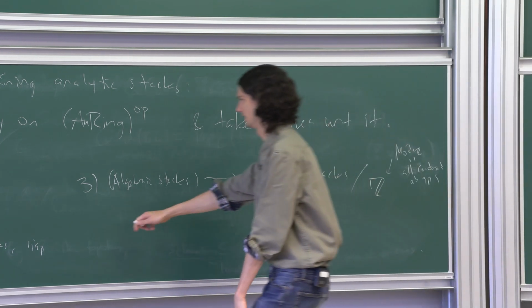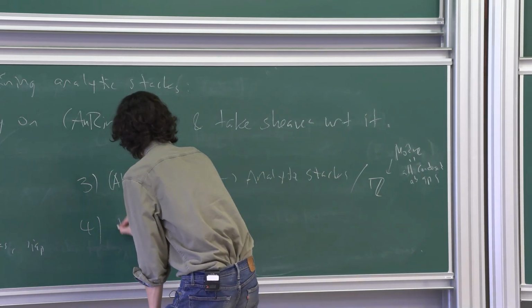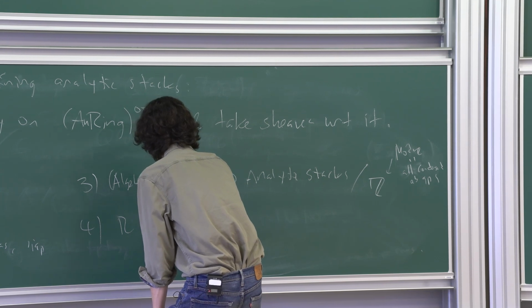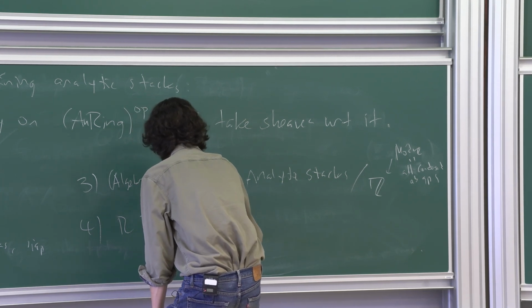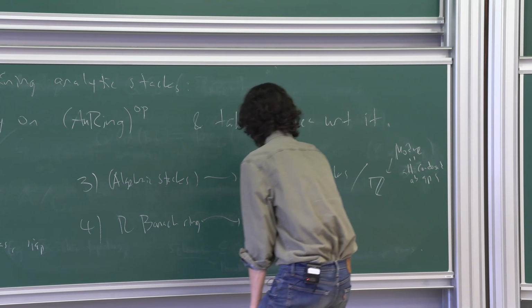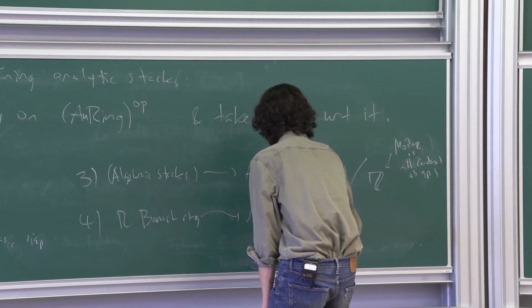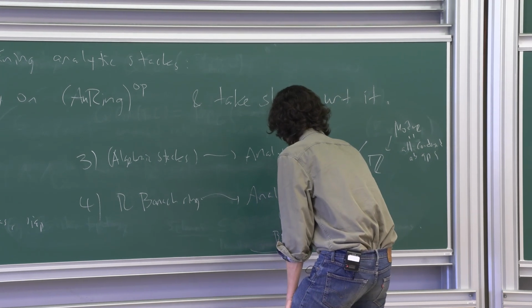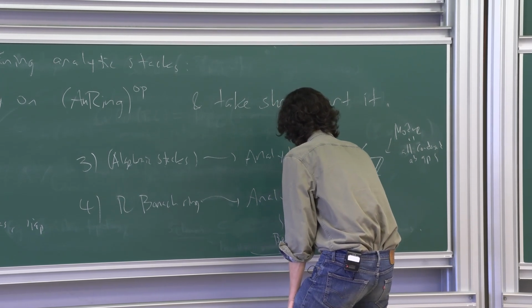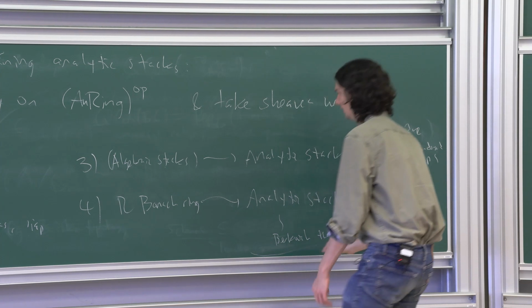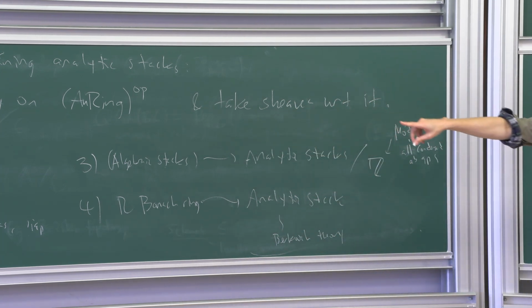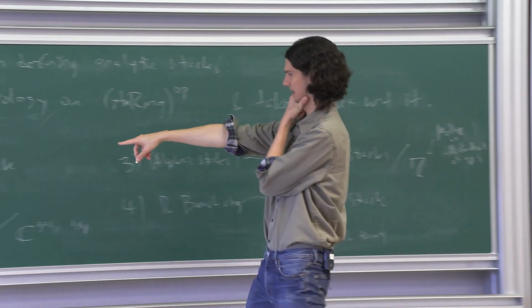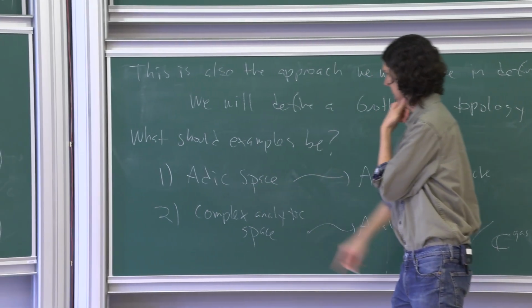Well, we would also like our Banach ring to definitely give rise to an analytic stack, which matches, in some sense, Berkovich's theory. In the same way as these R, R plus things we had, these affine analytic stacks match Huber's picture.